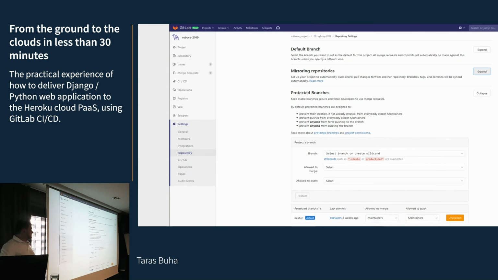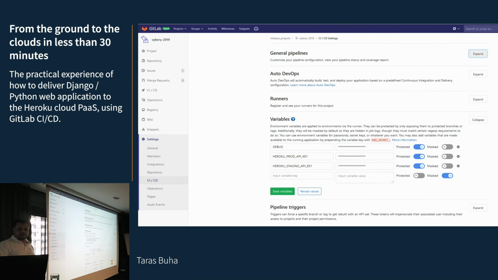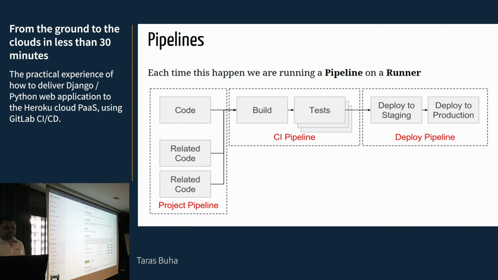So it's very flexible and configurable. The same goes for tags as well as for branches. Yeah, and also there is a variables section. It's used to set up variables which can be used in pipeline scripts. So you should not put sensitive information directly into scripts. Just use a variable, and it's available from the script.